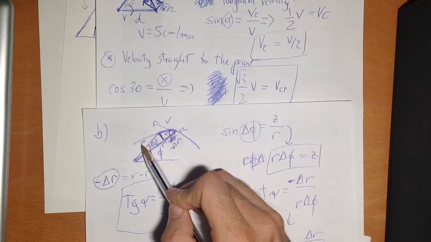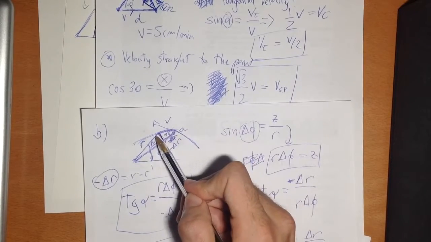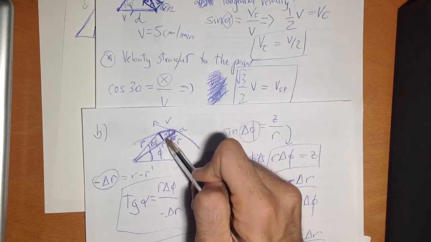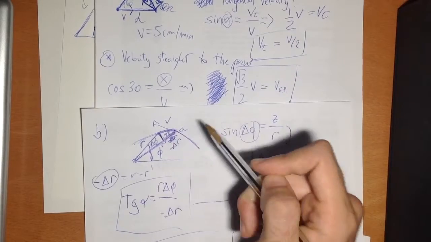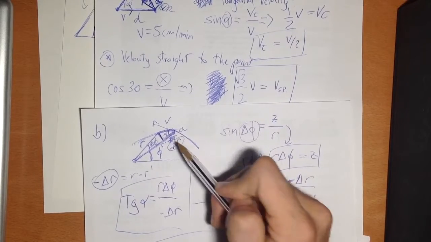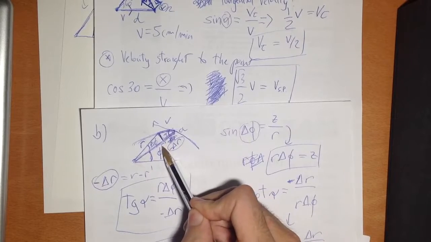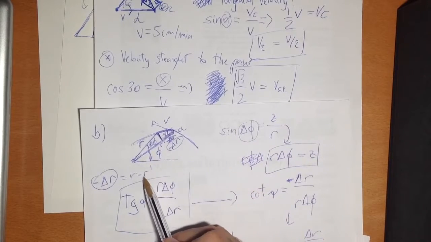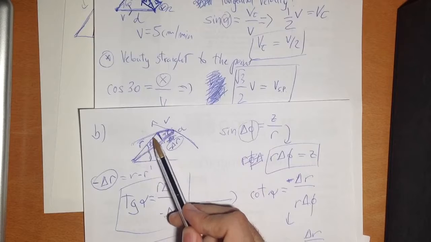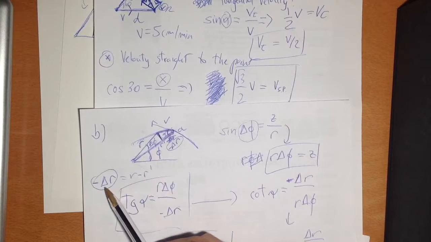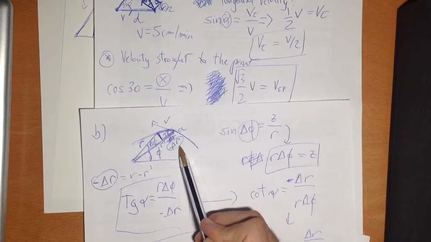It shortens. If you want to find this piece, you just have to take the difference between the initial vector, r prime, and the final position, r. Final minus initial position vector, you get the difference right here.